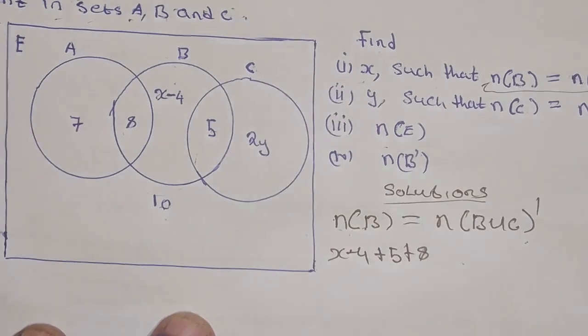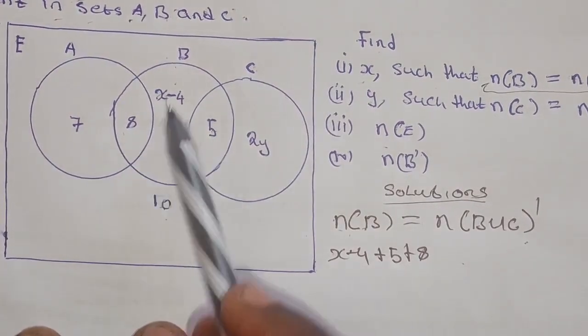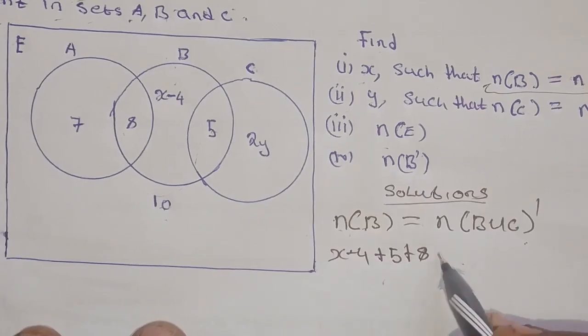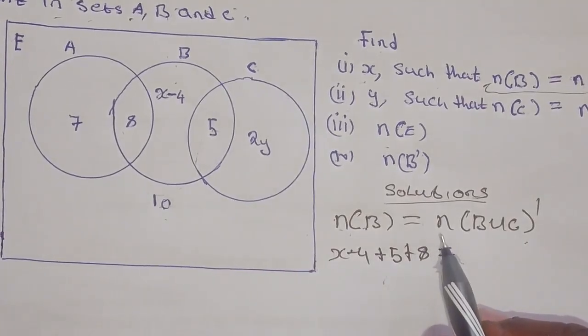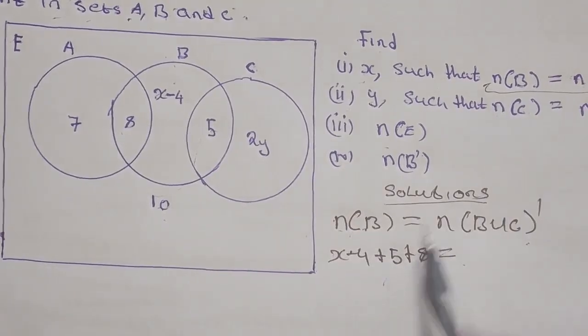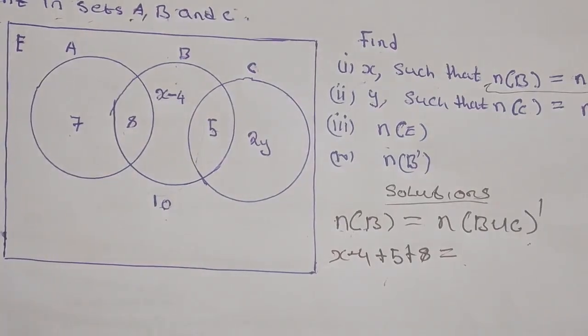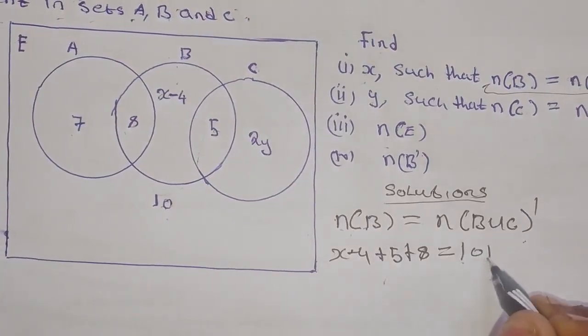You can see we have x minus 4, 5, and 8. So this is B, and these are the numbers that are in B. So n(B) is equal to the numbers that are not in B and C, which are just 10 and 7. So just do 10 plus 7.